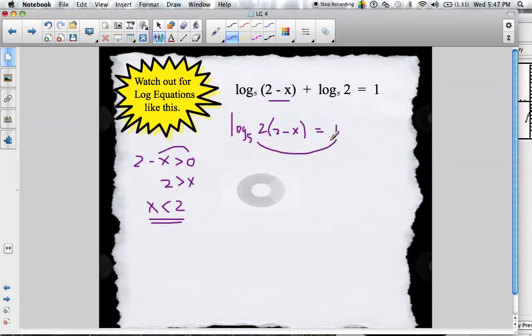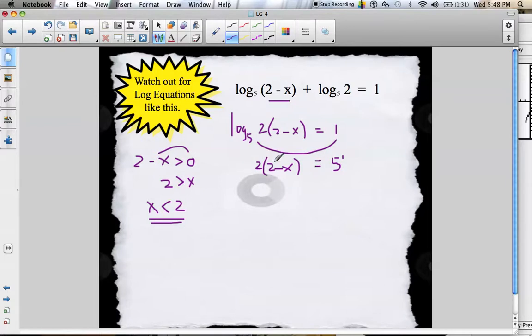Boot up. So now we have 2 times (2 minus x) equals 5 to the power of 1.